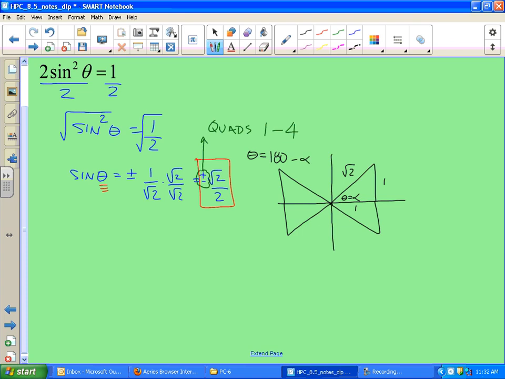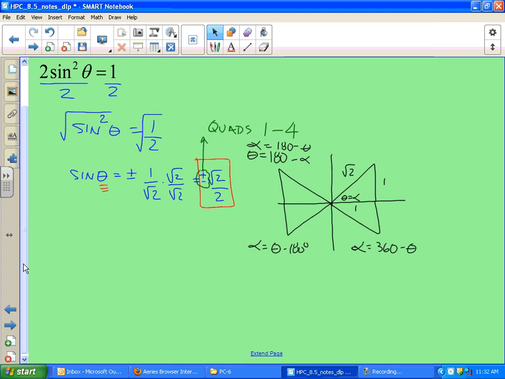Or if we're trying to look for our reference angle, we would have 180 minus theta. Quadrant 3, remember, theta minus 180 if we're looking for our reference. Quadrant 4, 360 minus theta. So each of these is a 45-degree reference angle because of the relationships here.